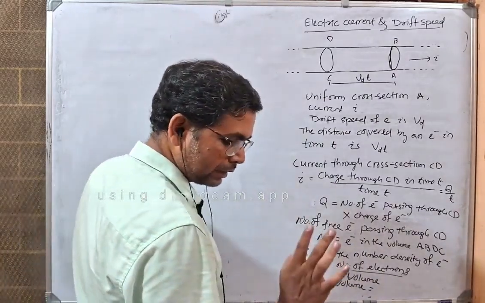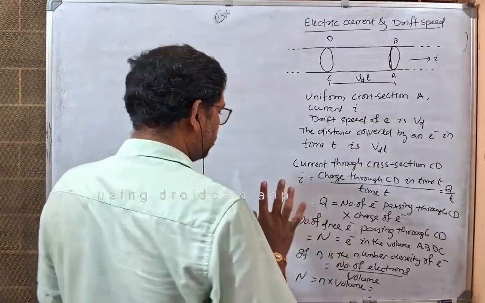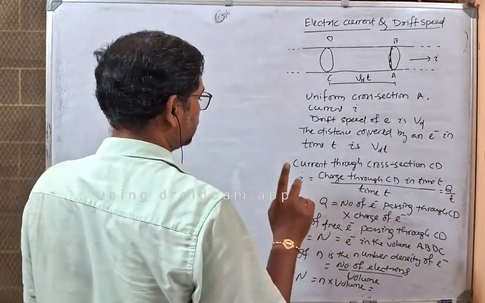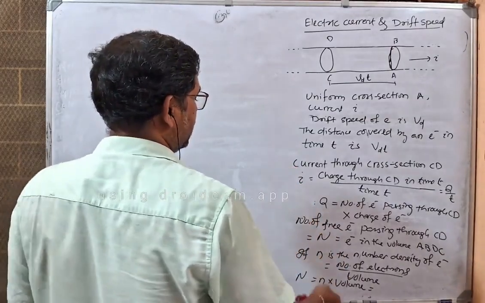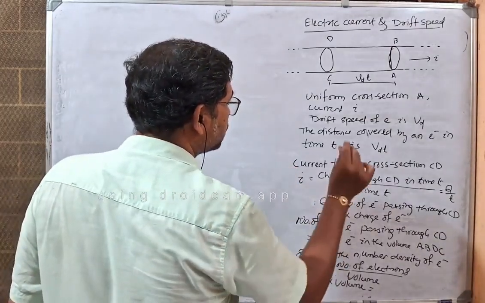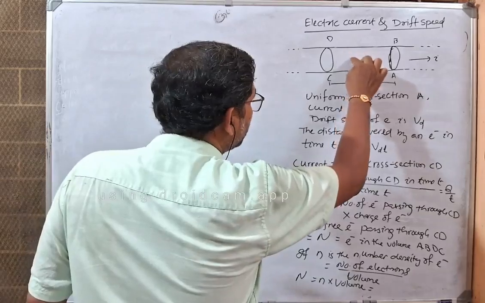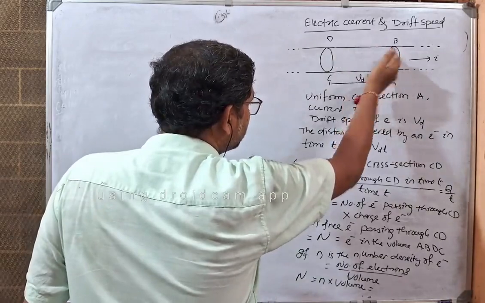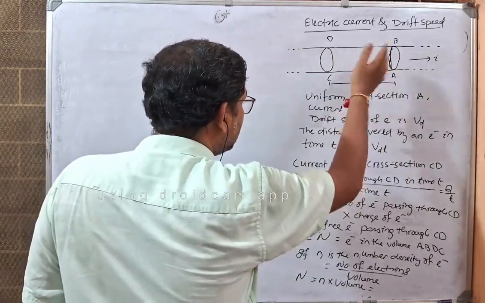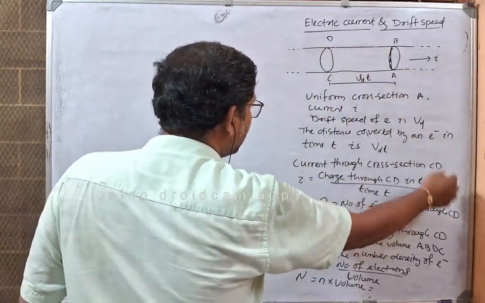Yes or no? Try to understand. It is the number of electrons per unit volume. I need electrons in this much volume, because this much volume passes in time t, and I have to calculate current in time t.